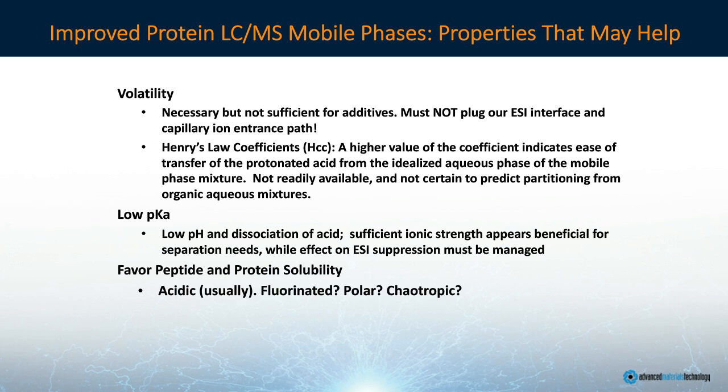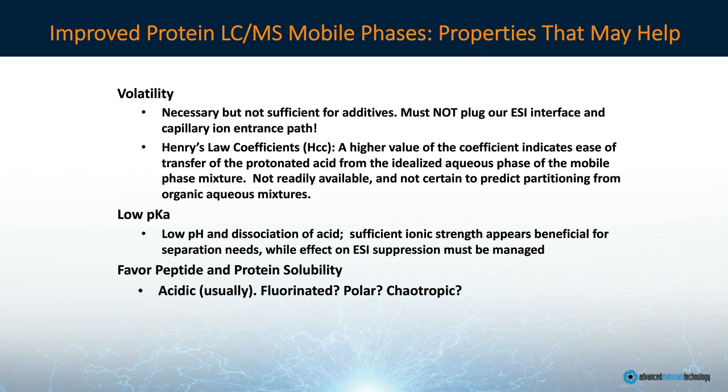So we've talked about some mobile phase effects. We've talked about particle structure, temperature. Now we want to talk about some mobile phase additives that may give you some more ability to optimize your separation on these materials. For one, you need volatility for a particular additive.